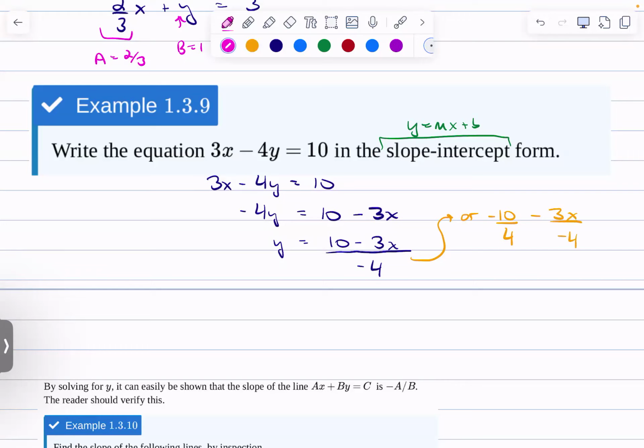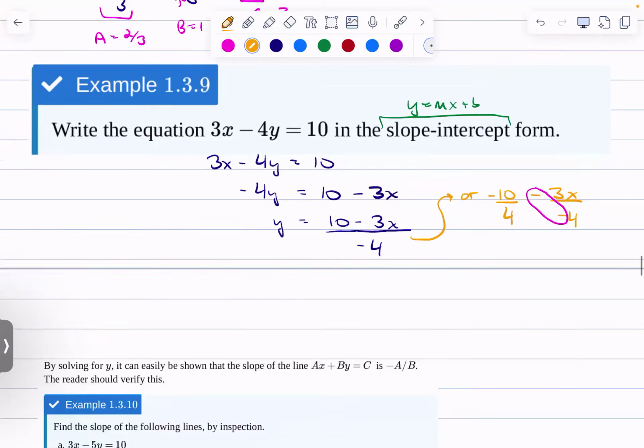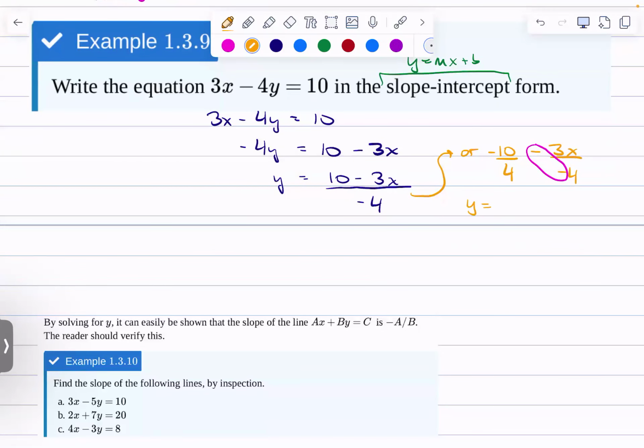I wrote it down at the bottom because it's about to go away, right? Subtracting a negative is addition. And so now I have y equals negative 10 over 4, which can simplify, but nah, plus 3x over 4.